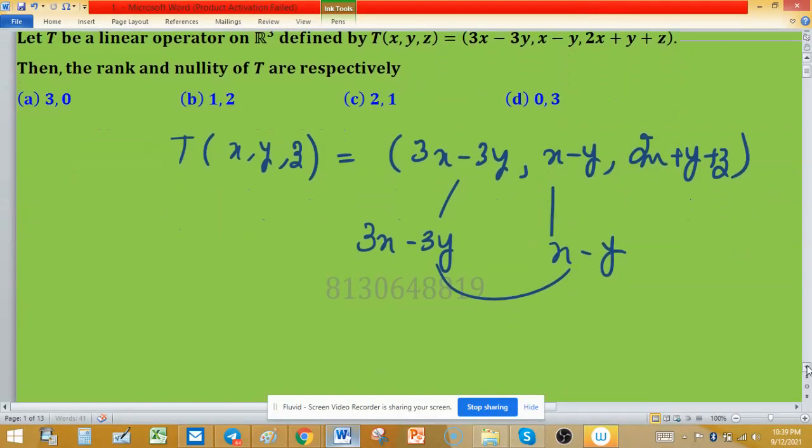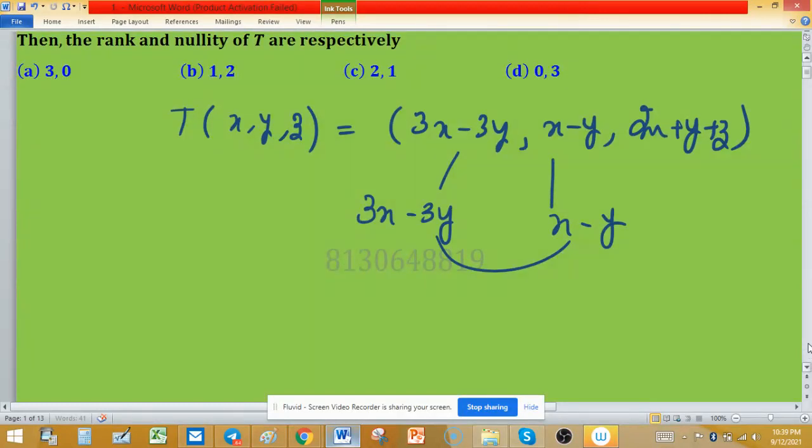So one depends on the other, and there are only two independent entries in this triplet. If we know one of them, the other is easily known. So the rank of this transformation is 2, and by the rank-nullity theorem, the nullity of this linear transformation is 1, because there are two independent choices.